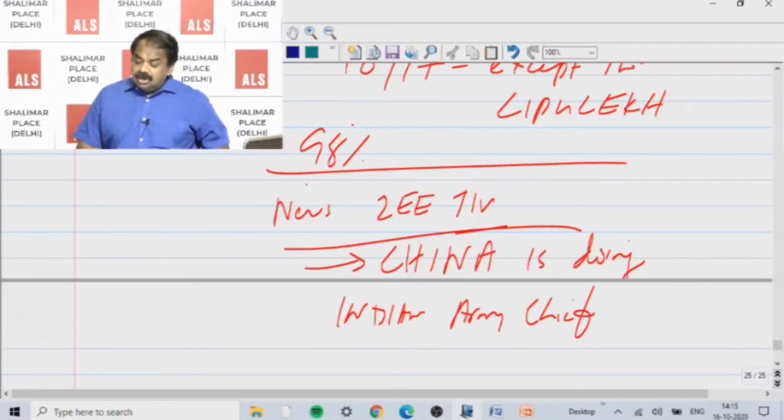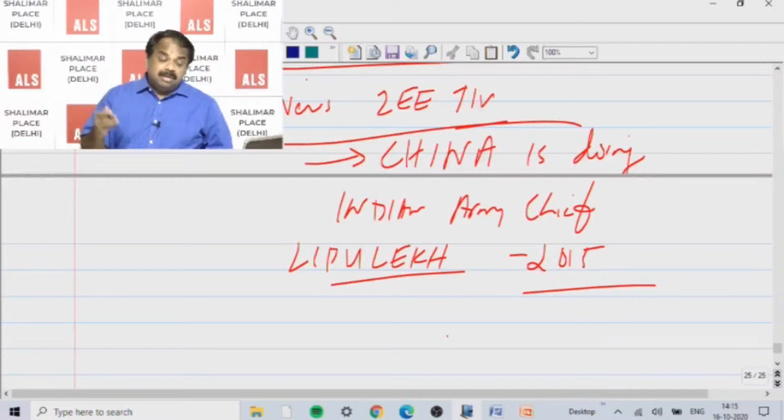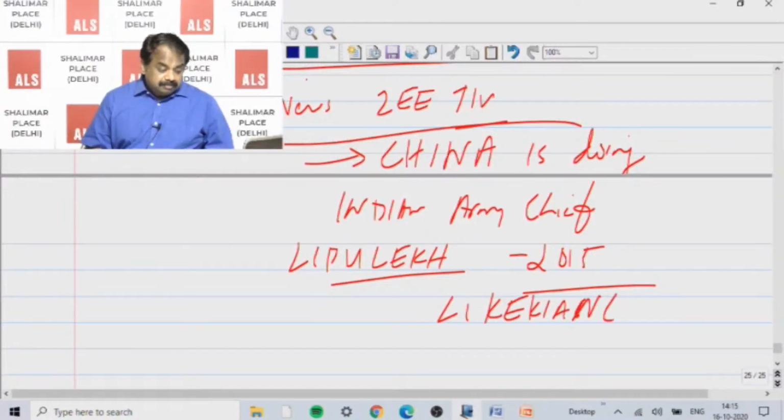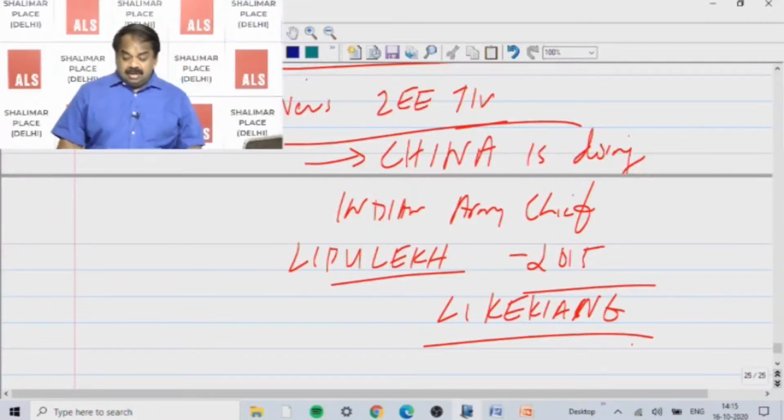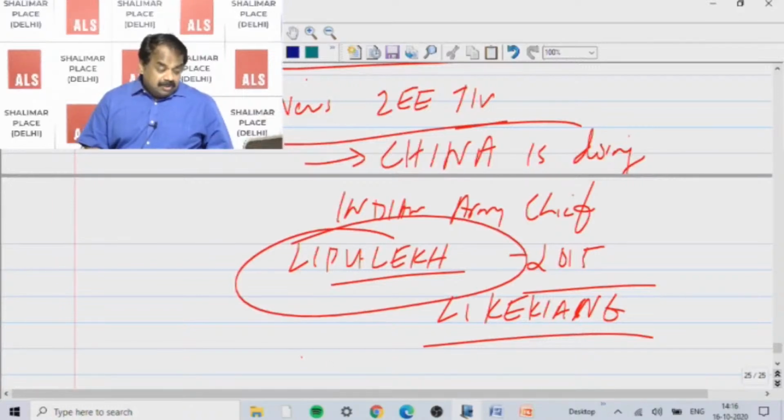But if you look otherwise, Nepal had reservations about Lipulekh earlier also. For example, in 2015, during Chinese Premier Li Keqiang's visit to India, there was a border trade agreement between India and China through Lipulekh.